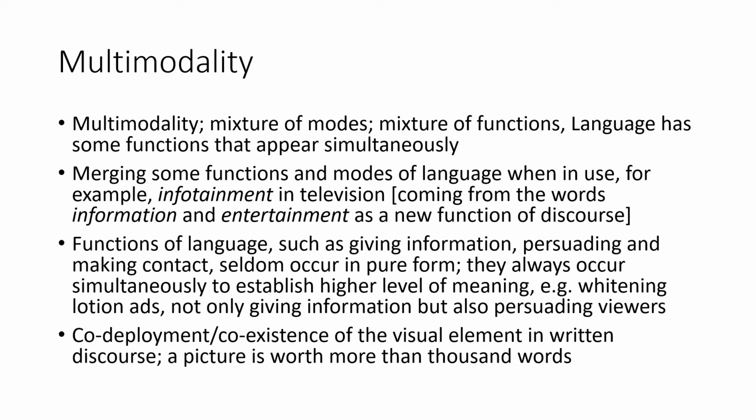Language has some functions that appear simultaneously. So merging some functions and modes of language when in use, for example, infotainment in television, coming from the words information and entertainment as the new functions of discourse. So infotainment comes from the words information and entertainment, and it becomes one.